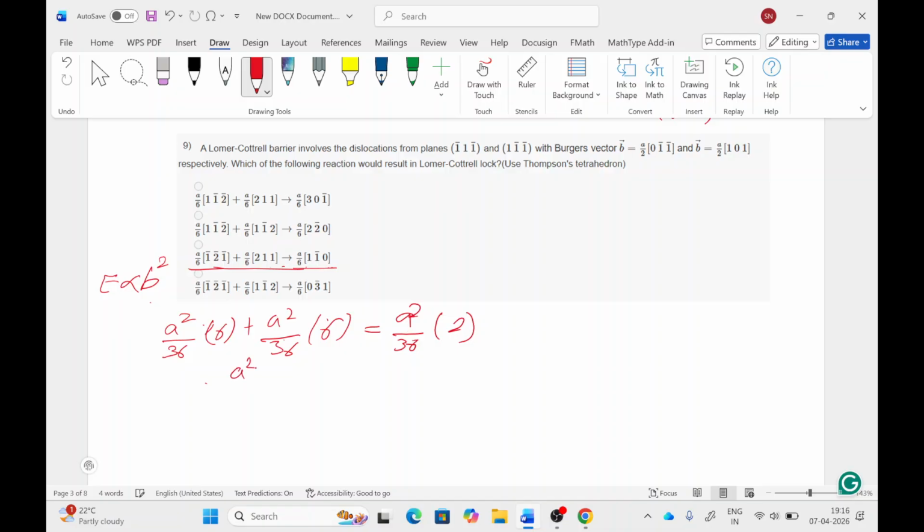So this will be a squared by 6 plus a squared by 6, which equals a squared by 3, and the other side is a squared by 18. So the right hand quantity is less than the LHS. So this reaction is energetically favorable.